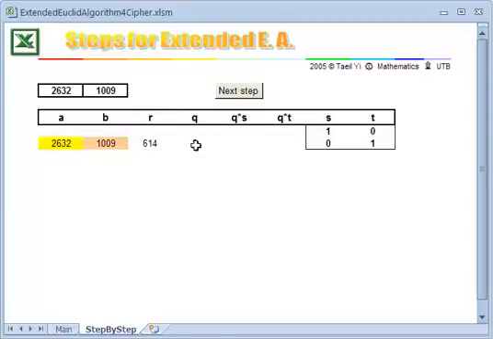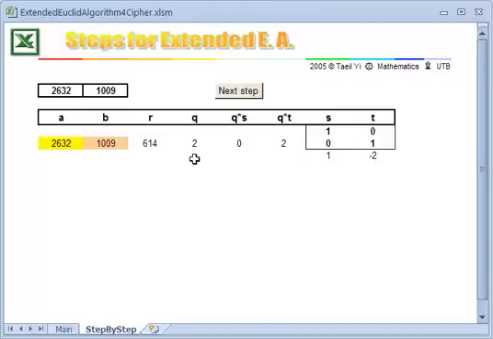Then for this quotient 2, we multiply this number with S and T in this lower line. So 2 times 0 is 0, 2 times 1 is 2, in that order. And then we subtract this result from the previous value of S and T. So 1 minus 0 is 1, 0 minus 2 is negative 2.